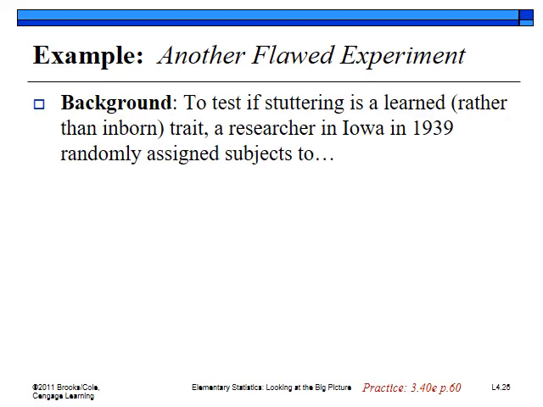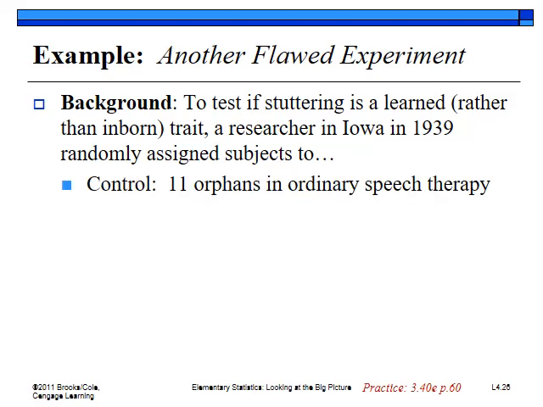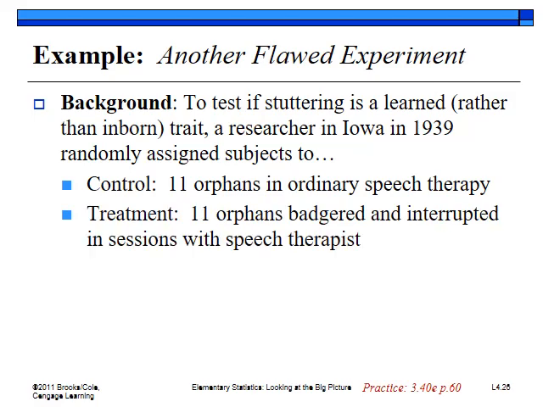Here's another example. To test if stuttering is a learned trait rather than an inborn trait, a researcher in Iowa randomly assigned subjects to two groups. The first group, the control group, were 11 orphans in a speech therapy class. The treatment group was 11 orphans who were badgered and interrupted in their sessions with the speech therapist.